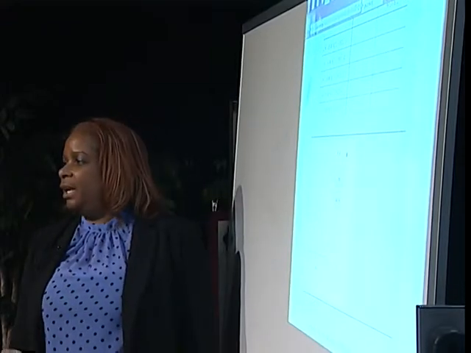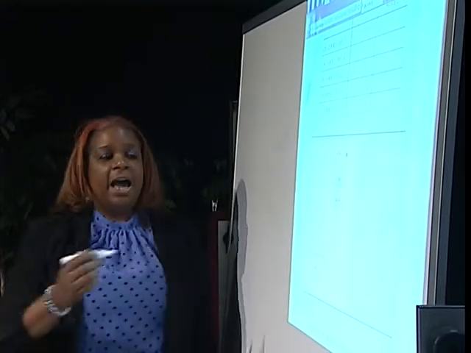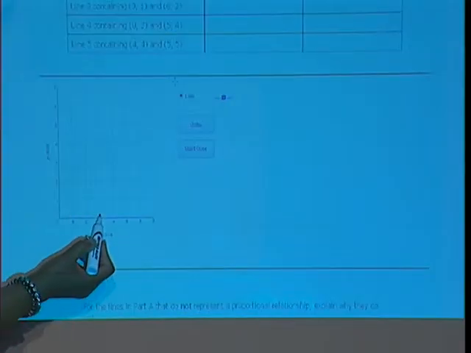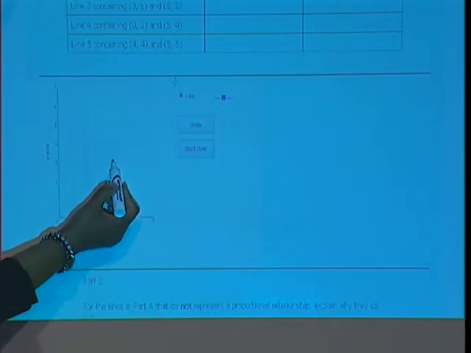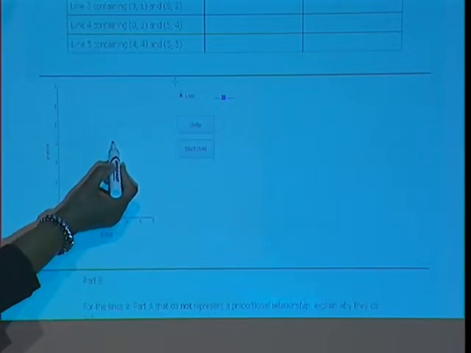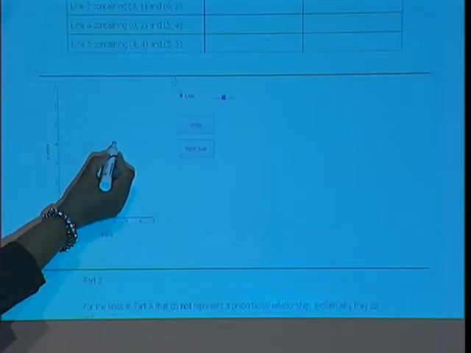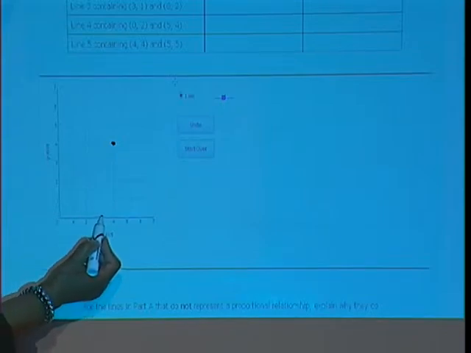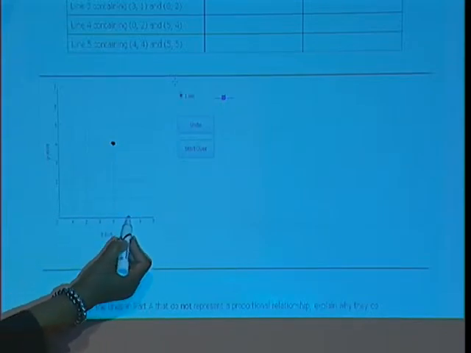5 is containing the point 4, 4. I will start off at the origin, move over 4 spaces to the right. I will be moving up 4 spaces, 2, 3, 4. I plot that point. Looking at the second point, again, starting at the origin, moving over 5 places to the right. 1, 2, 3, 4, 5.